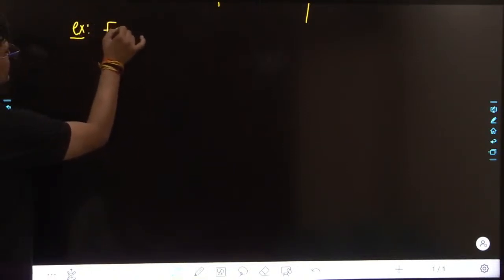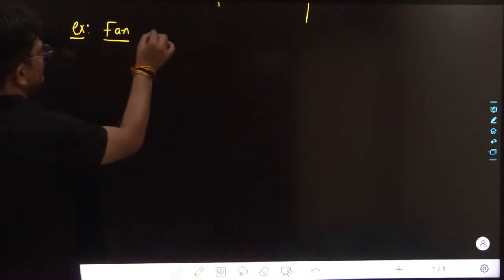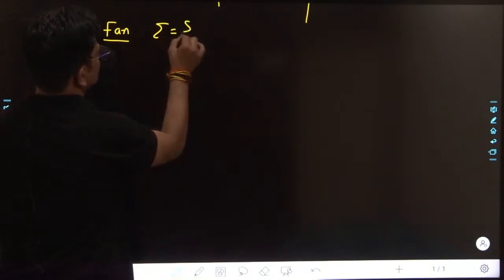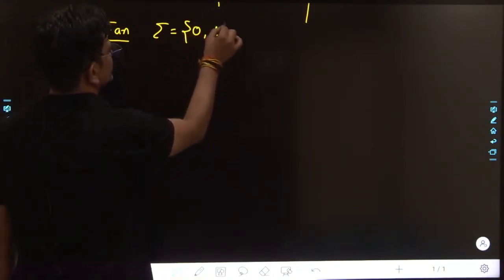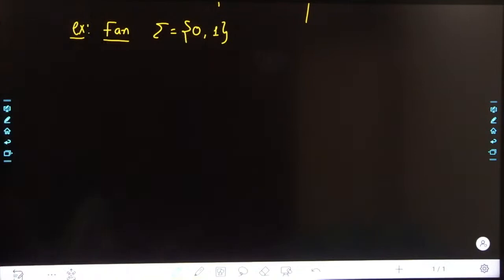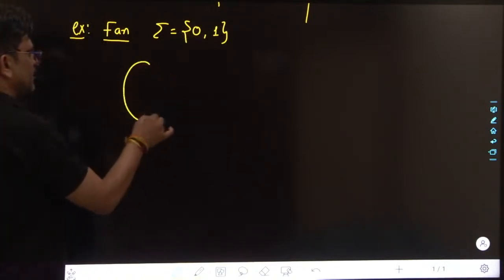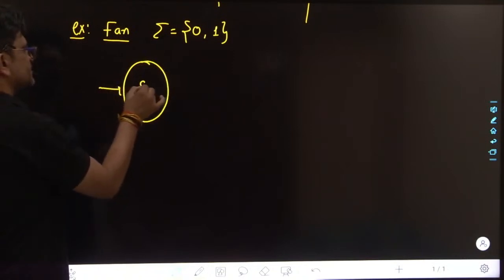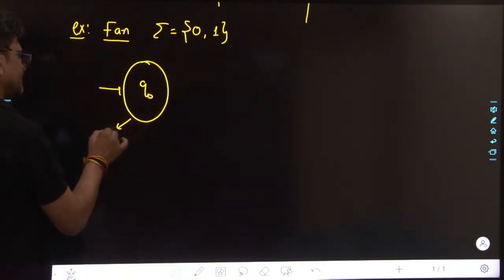Example, we have a fan. The input for this fan is either 0 or 1, either it is off or on. So this fan has initial state Q0, the off state, suppose.